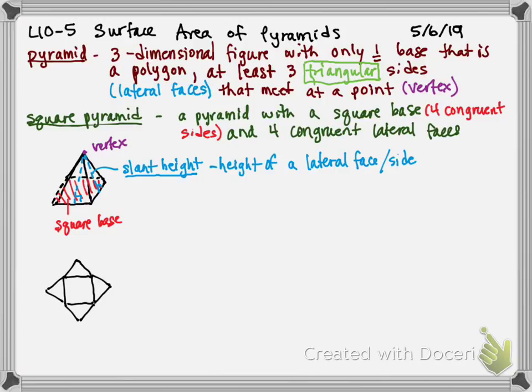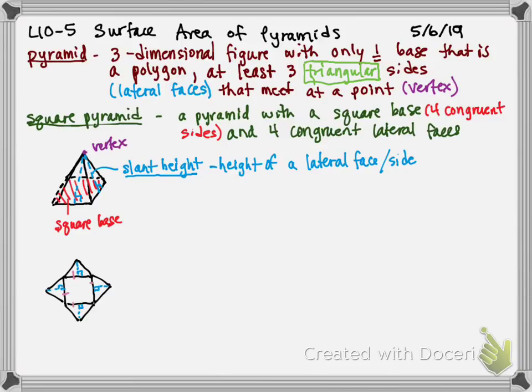Okay. And from there you can see that all of my slant heights, they're going to be the same. All the bases are the same. Do a little tick mark for those. Boom, boom, boom, boom, boom.